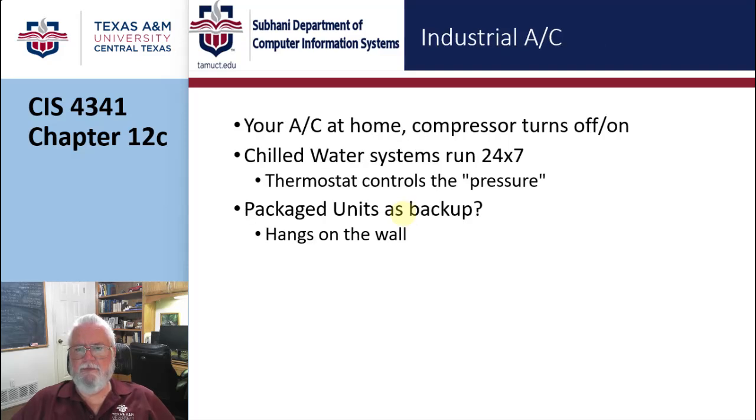Okay, so let's talk about the difference between industrial air conditioning and the stuff you have at home. At home, your air conditioning compressor turns off, right? When the temperature gets down to a certain point, you set your thermostat at whatever, 72. When it gets to 72, it turns off. In industrial scenarios, the compressor never turns off. It runs 24/7. All it does is change the amount of cooling that is happening. It's called pressure. Don't worry about what that means.